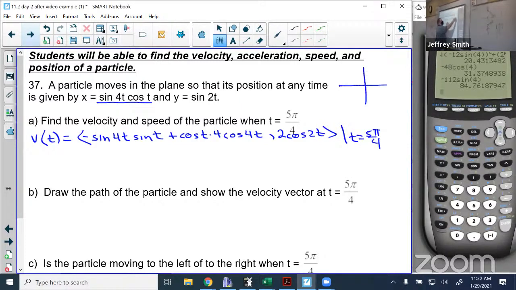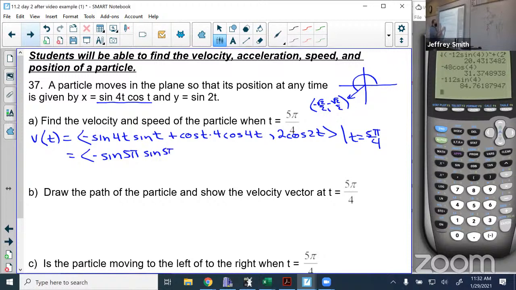Well, let's find 5 pi over 4. There's 5 pi over 4, and it's negative square root of 2 over 2. Negative square root of 2 over 2 is the cosine and the sine. We have negative sine of 5 pi, because the 4's will cancel when you plug that into the first sine.